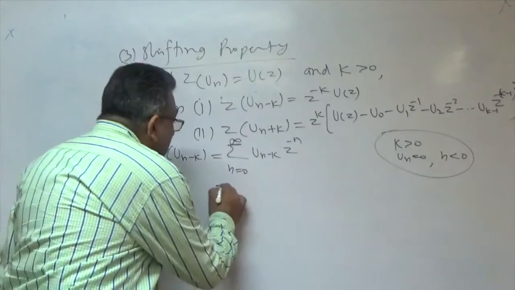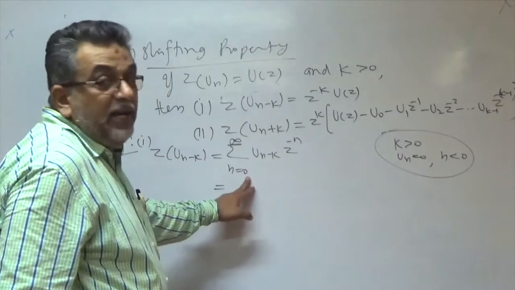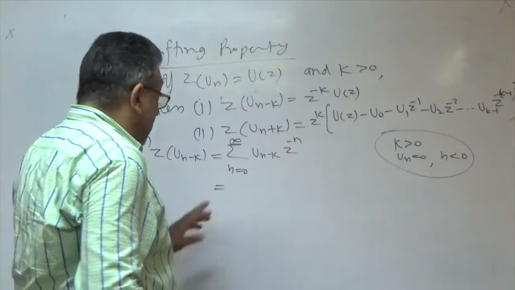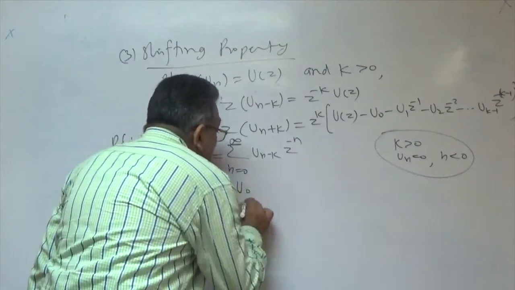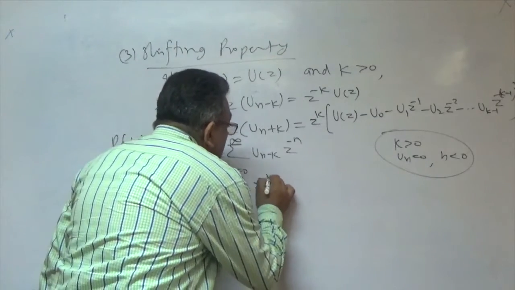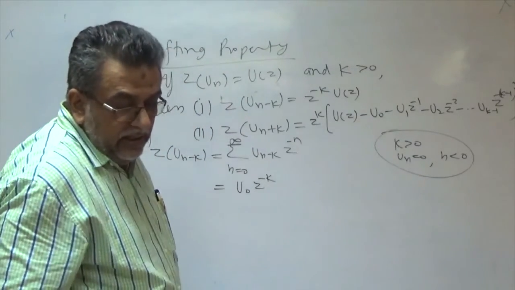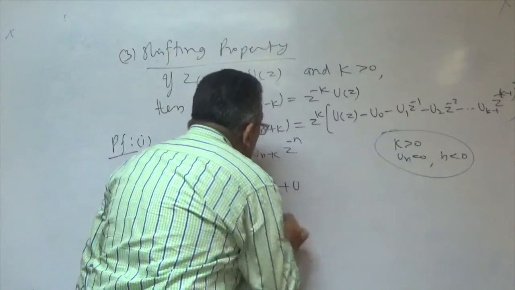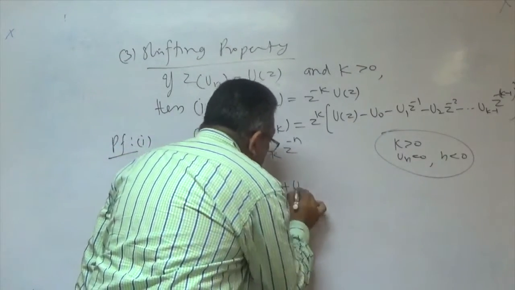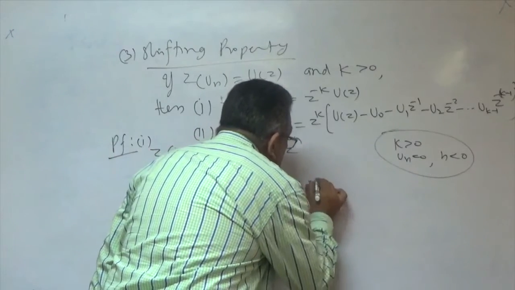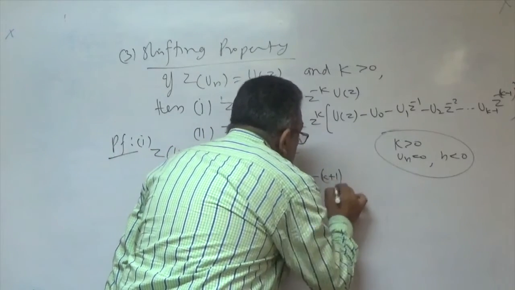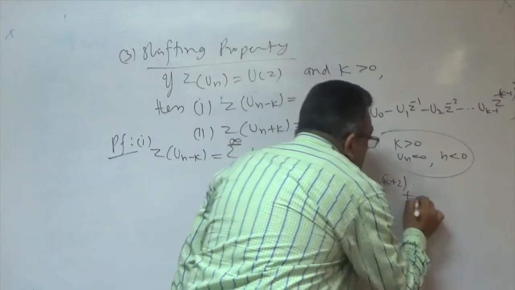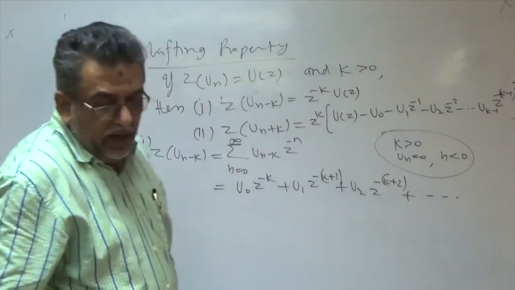So if you open this, it starts from n equal to k, and before k it vanishes. For n equal to k, it is u0 z to power minus k; for n equal to k plus 1, that is u1 z to power minus k plus 1, u2 z to power minus k plus 2 and so on, up to infinity.